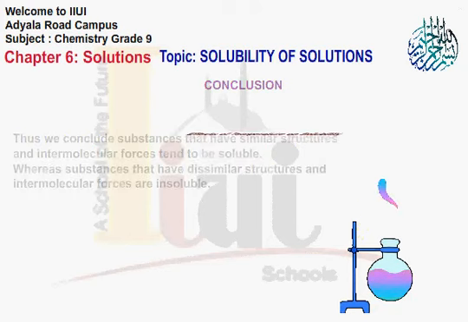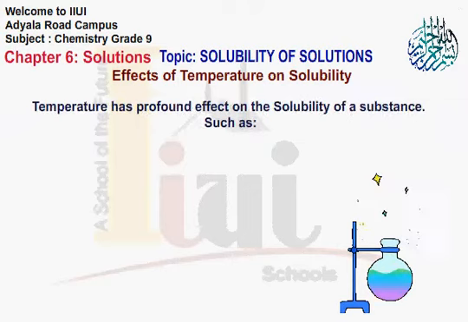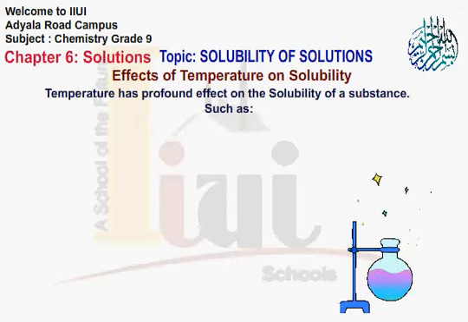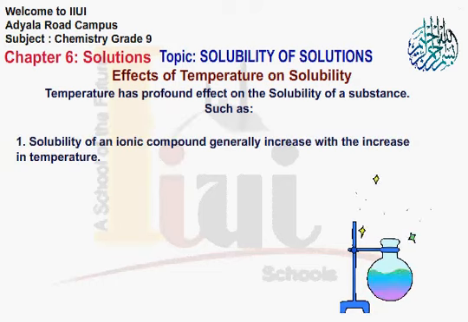Students, now we discuss another topic, that is effects of temperature on solubility. Temperature has a profound effect on the solubility of a substance, such as: number 1, the solubility of an ionic compound generally increases with the increase in temperature.